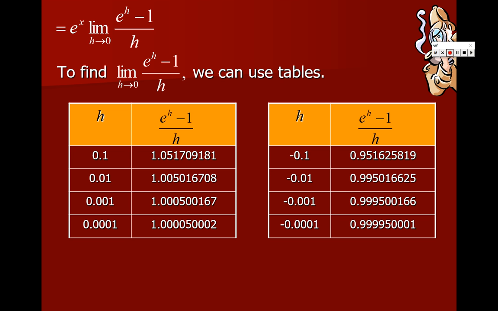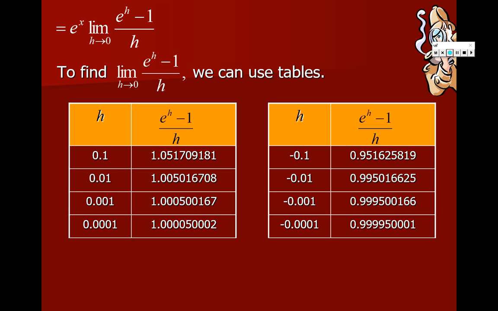But notice where the limit heads towards. It goes 1.05, 1.005, 1.0005, 1.00005. From the other side of 0, it goes 0.95, 0.995, 0.999, 0.99999. I did it from both sides to try to convince you this limit is the number 1, our second favorite number in the universe.